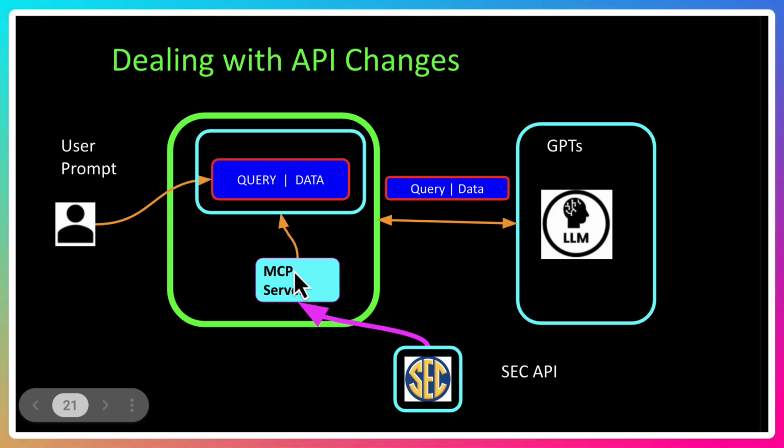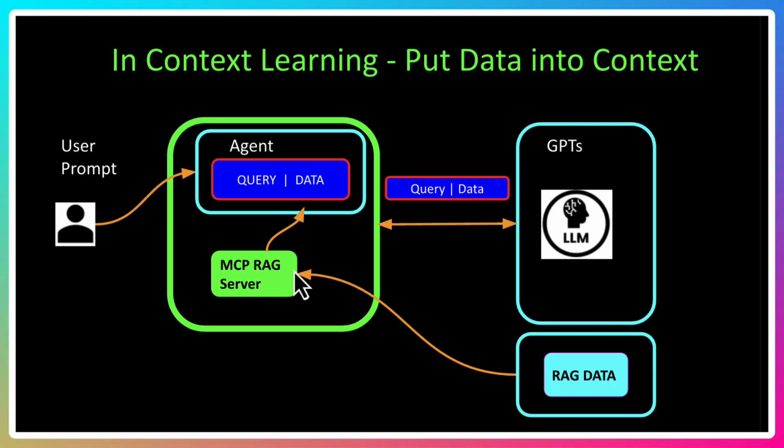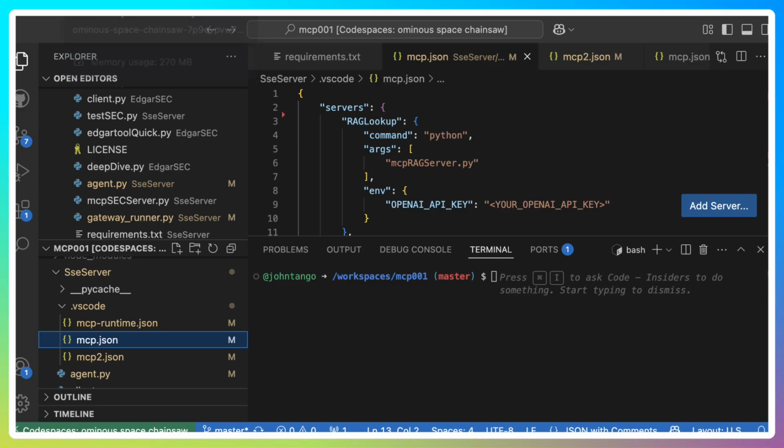So we're going to see this in action for a RAG system. We're going to host the RAG system on OpenAI, so it's remote from the agent, but we're going to run our MCP RAG server here, and it means that the agent is still going to be able to talk to that data no matter if this API changes or not. So let's see how that's executed.